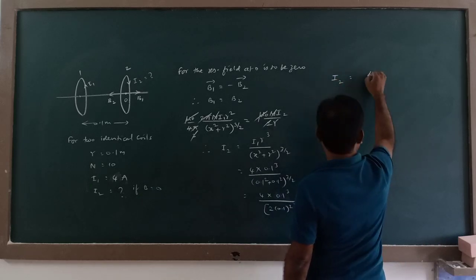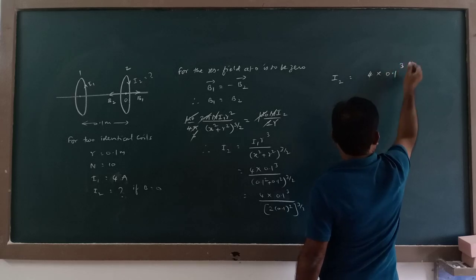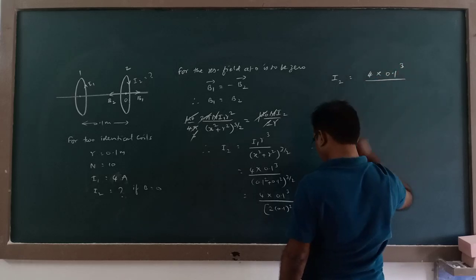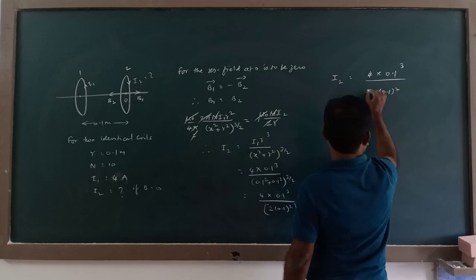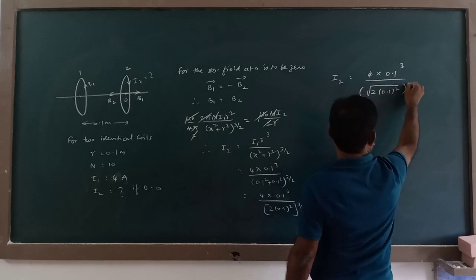I2 is equal to 4 into 0.1 cube divided by 2 into 0.1 square whole cube.